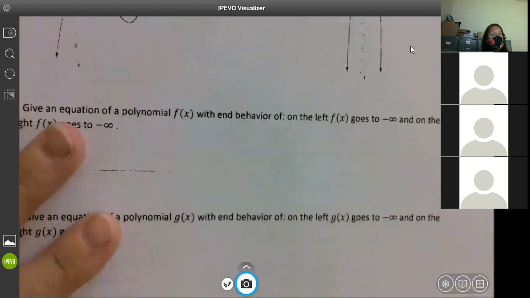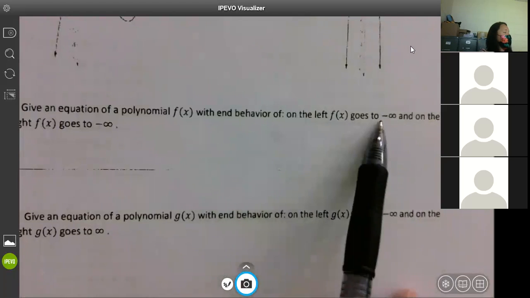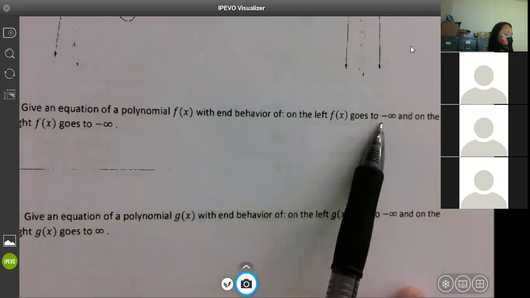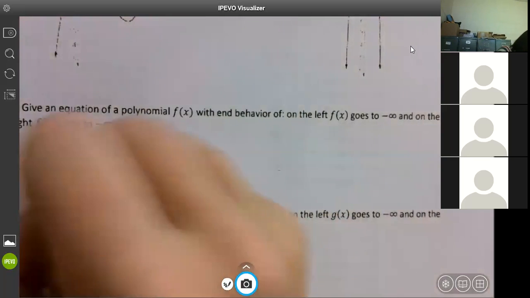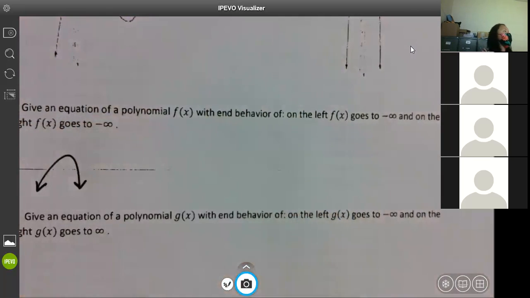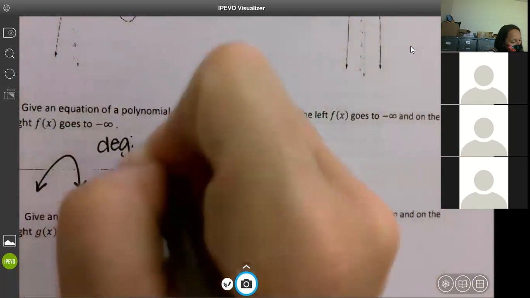So it says, give an equation of a polynomial f of x with end behavior of, on the left, f of x goes to negative infinity. So on the left, it points down, and on the right, it points down. So it looks something like this. What does that mean our degree needs to be? Even.